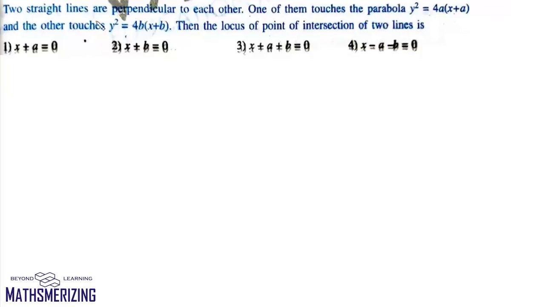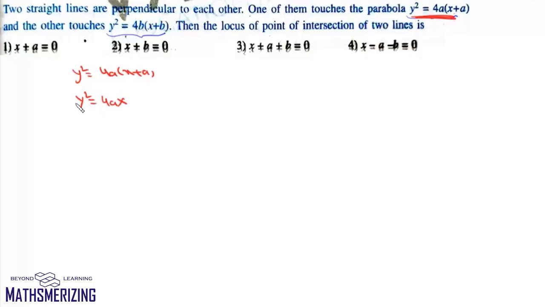Now the question is, two straight lines are perpendicular to each other. One of them touches the parabola y square equals 4a x plus a, and the other touches y square equals 4b x plus b. Now first we'll take this parabola, which is y square equals 4a x plus a. So we'll compare it with the standard equation, capital Y square equals 4aX.